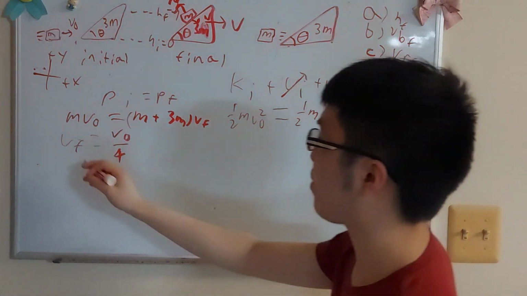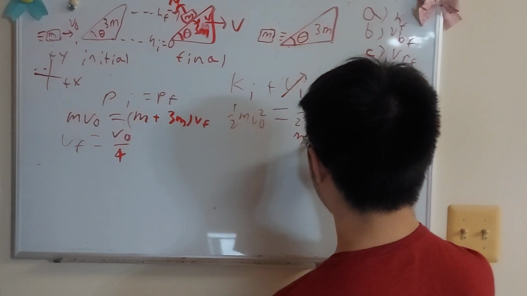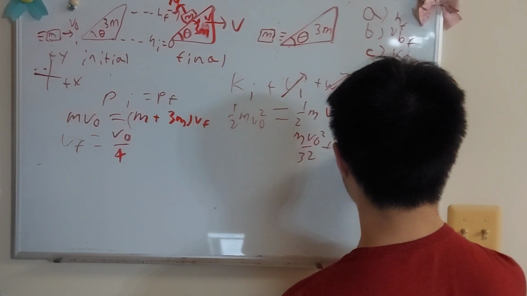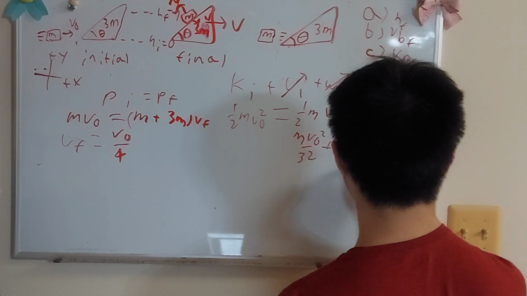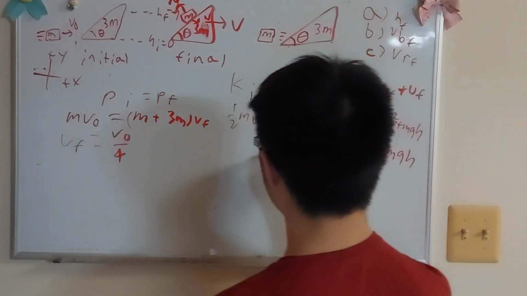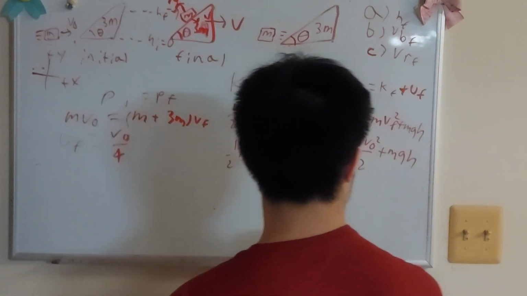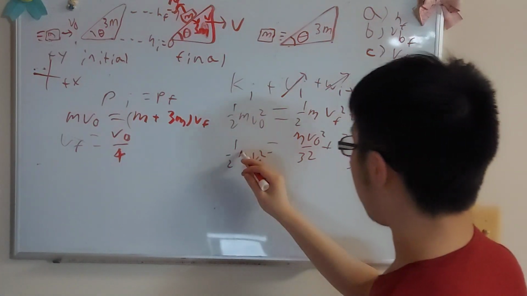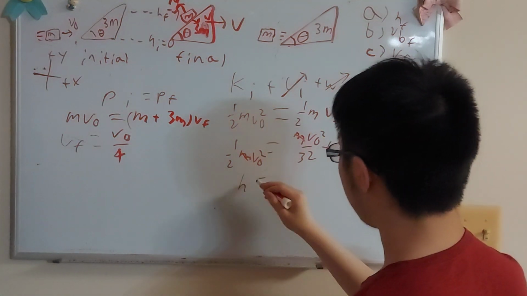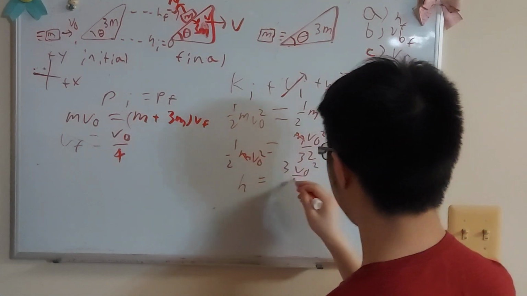We already found out what Vf was. It's V naught over 4. So we end up getting that m v naught squared over 32 plus 3 m v naught squared over 32 plus m g h is the final total energy. And now we're free to solve for h. Canceling out all the m's and solving for h gives us h equals 3 v naught squared over 8g.